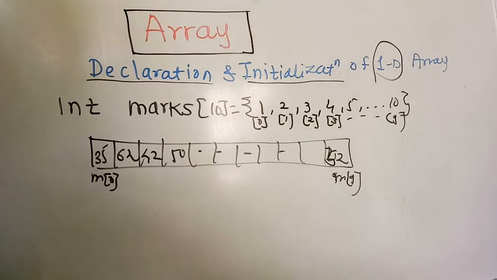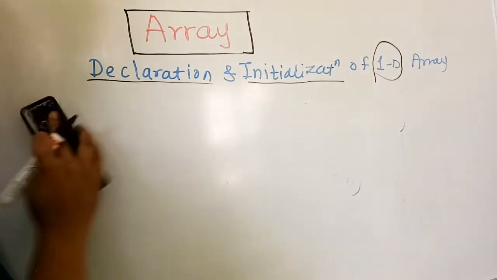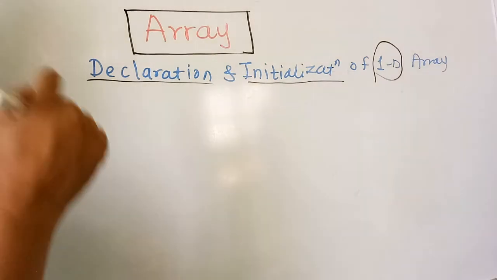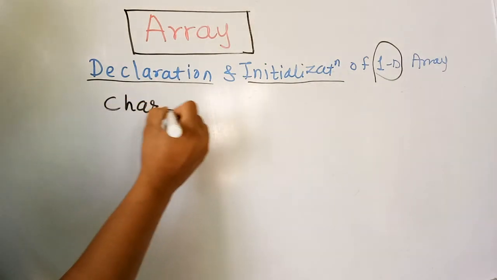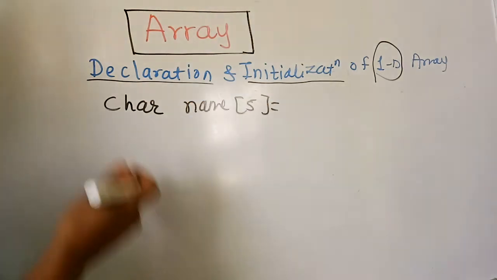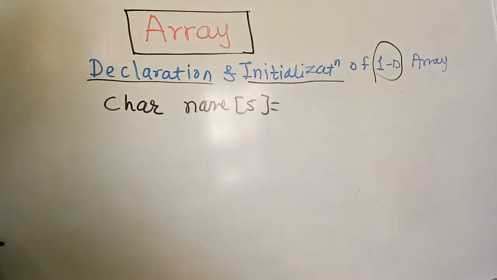Now, for some time I have been talking only about integers, but an array can store character arrays also. For example, character type name of size 5. It is also an array of type character, storing 5 character variables.